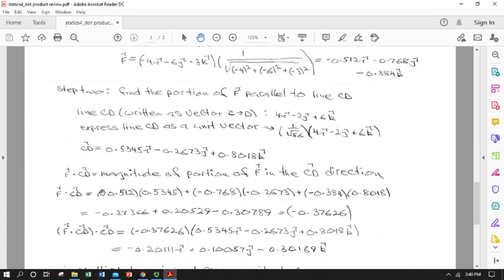I just multiply the x magnitude times x magnitude, y magnitude times y magnitude, z magnitude times z magnitude, add them all up, keeping track of signs, and I get negative 0.37626. So it just means it's pointing backwards from whatever direction I had assumed. Okay?